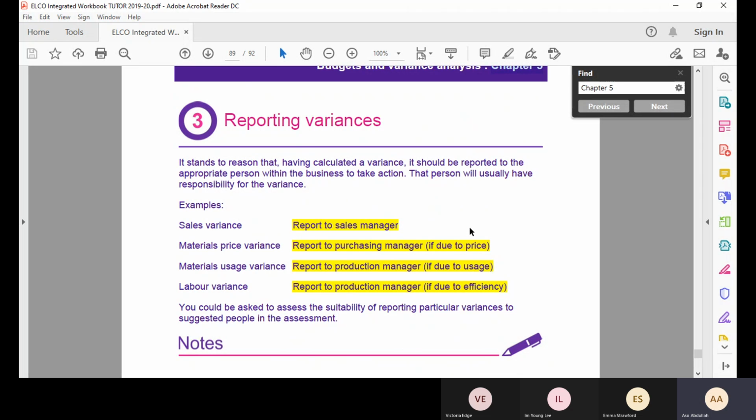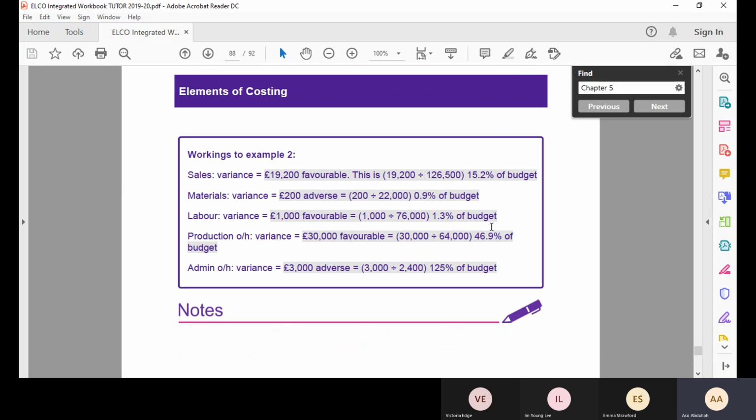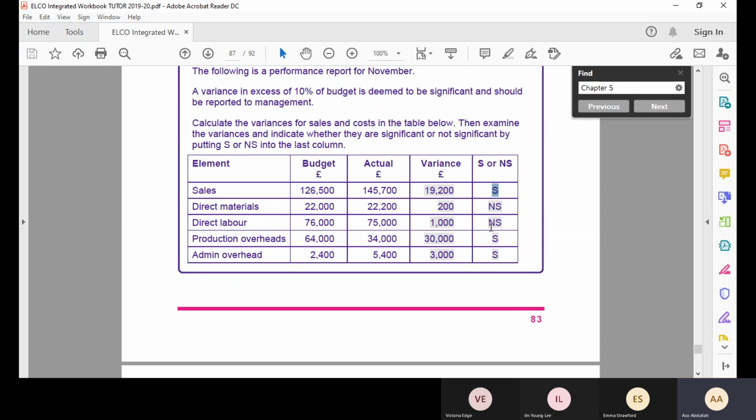And one more thing is about reporting the variances. If you look at example number 2, you have sales. Remember, in an organization, you have a sales manager, a purchase manager, a labor manager, an admin and HR manager, and also a production line manager.